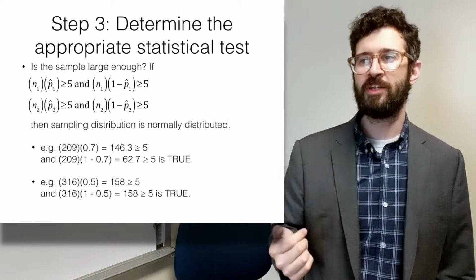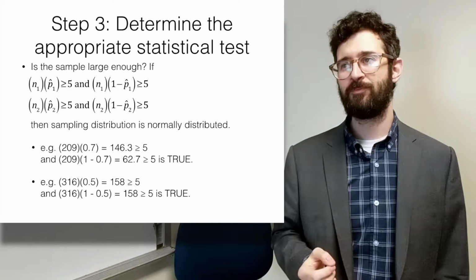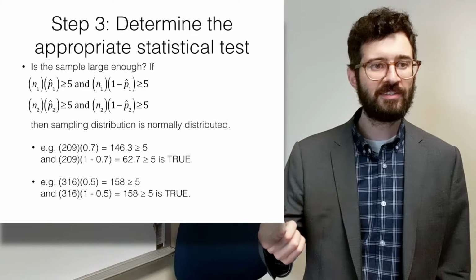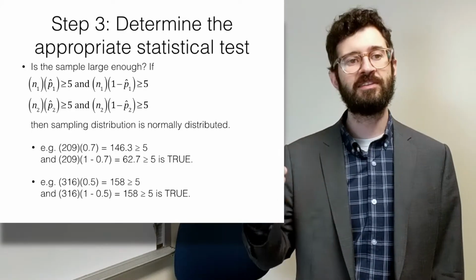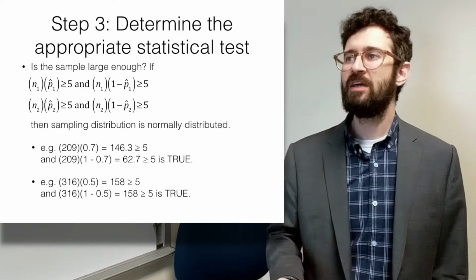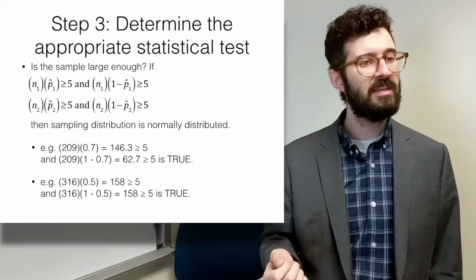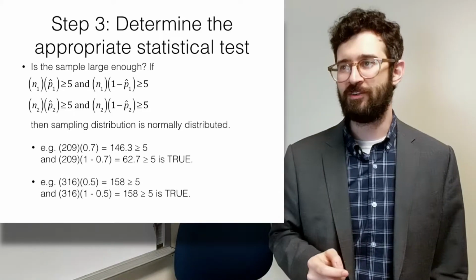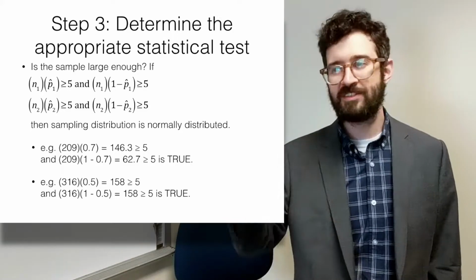If this is greater than or equal to 5, then half of that criteria is satisfied. Next, we take the sample size from that first sample and multiply it by 1 minus the sample proportion. If this value is greater than or equal to 5, then we've satisfied this part of the criteria. We then do the same thing for the second sample.